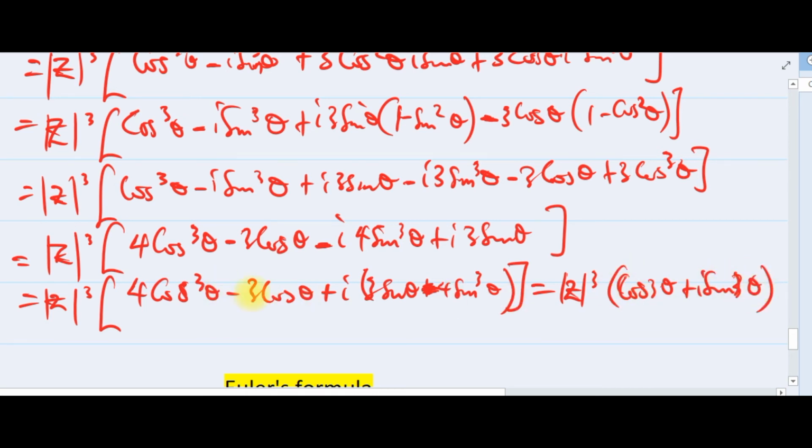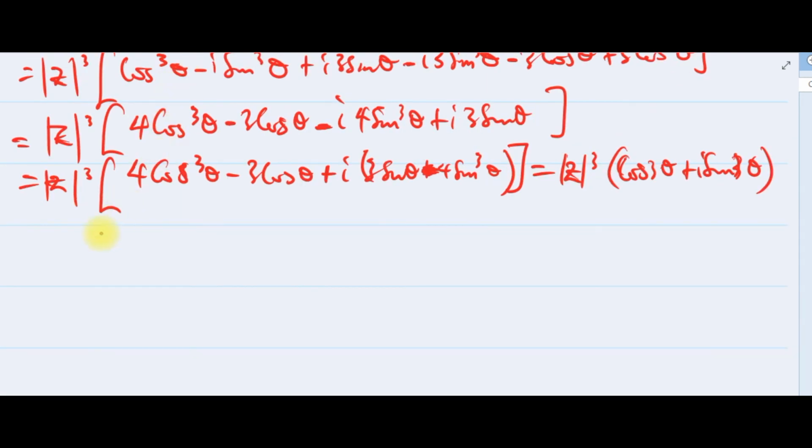If you remember our trigonometry, 4 cos cubed theta minus 3 cos theta is what? Cos 3 theta. Now for sine, 3 sine theta minus 4 sine cubed theta is what? Sine 3 theta. So what do you notice again? For power of 3, we still have 3. So generally, this is de Moivre's law.